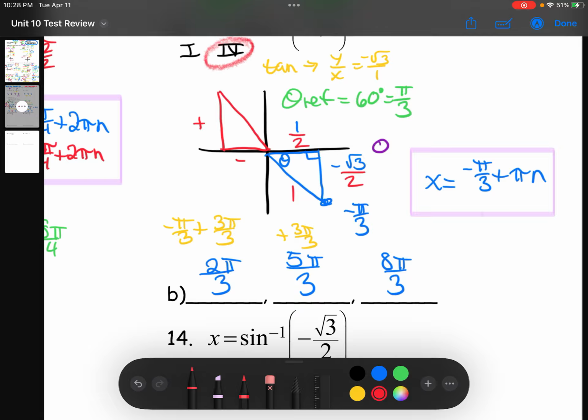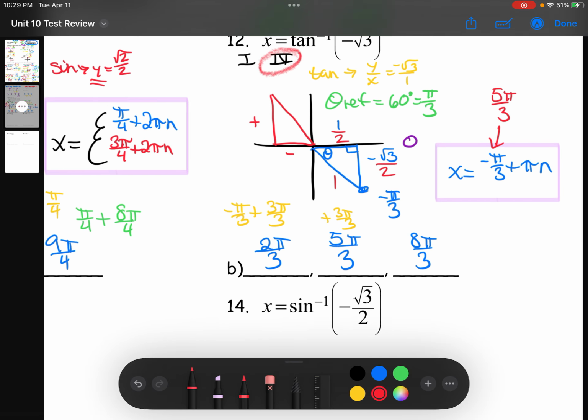Okay, and one quick thing here, instead of negative pi over 3, if you wrote this as 5 pi over 3, that is also correct. Negative pi over 3 is the principal value because in quadrant 4 we use the negative angle measures. 5 pi over 3 is also equivalent for a general solution.